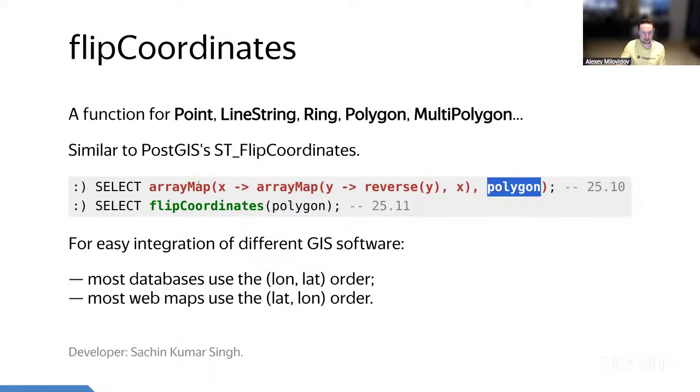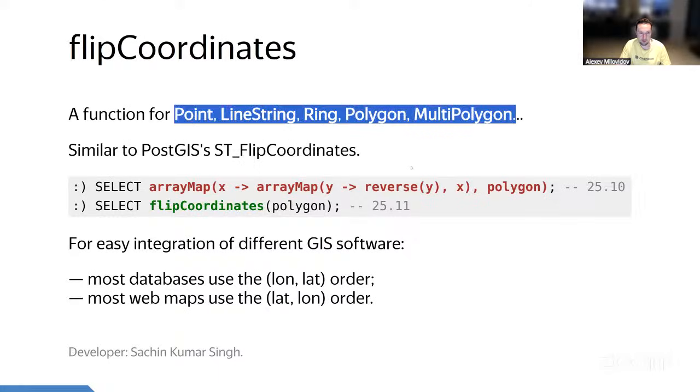If you want to flip all coordinates, you can use the function reverse and wrap it inside two applications of the higher-order function arrayMap. But it is not so convenient. It is way more convenient to just write flipCoordinates, easy, and it works for all of these geographical data types. Moreover, it is compatible with the PostGIS function ST_FlipCoordinates.